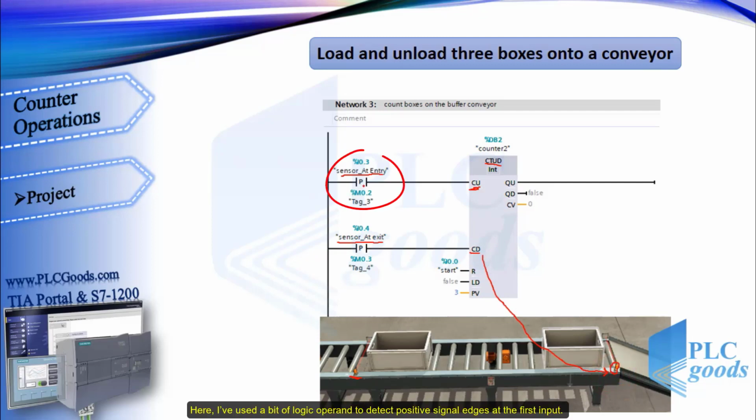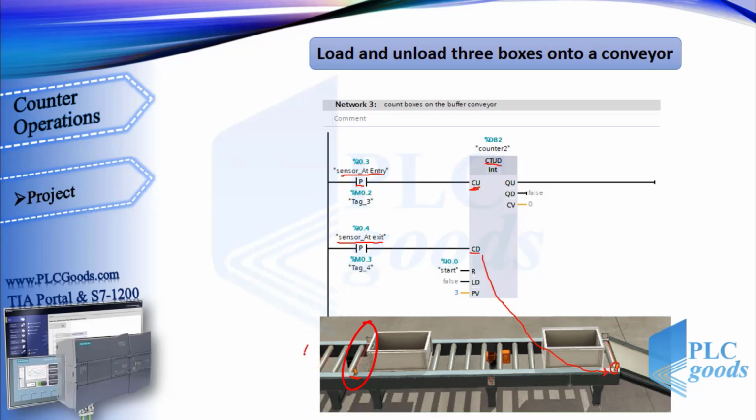Here I have used a bit logic operand to detect positive signal edges at the first input. When a box is behind the sensor, it sends a 1 to the PLC.